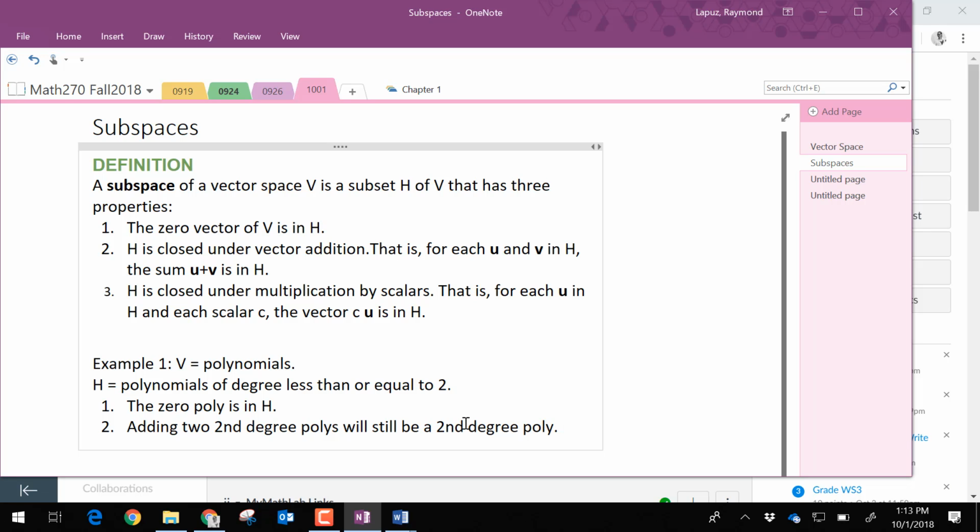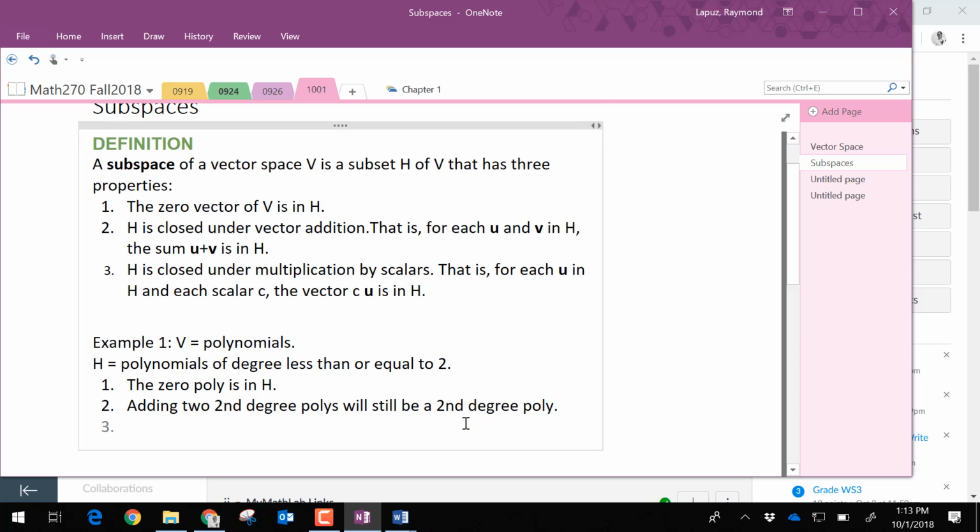And then when we scalar multiply, if we take a quadratic function and multiply it by any number, it's still going to be a quadratic function.